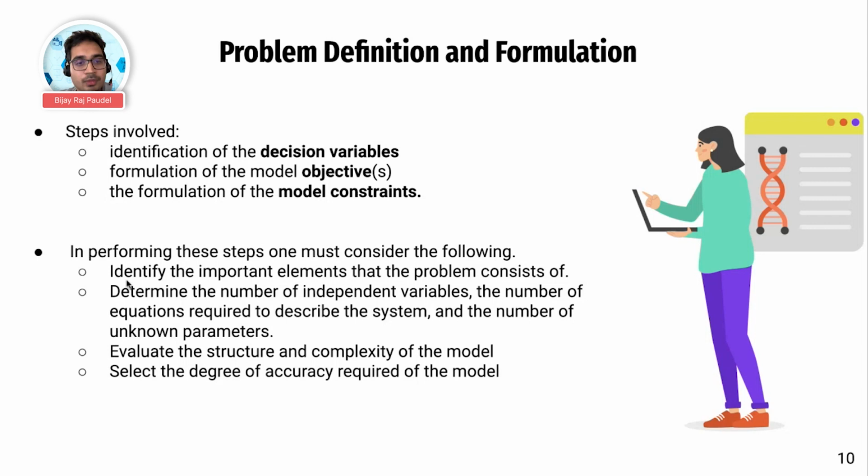So you just have to keep in mind what the important elements are. You have the data from before, just take that and use it to determine the important elements. And you have to determine the number of independent variables and the number of equations required to describe the system, and the number of unknown parameters.